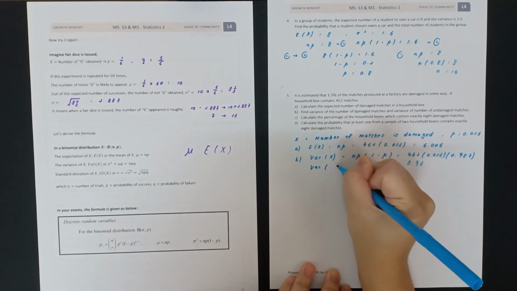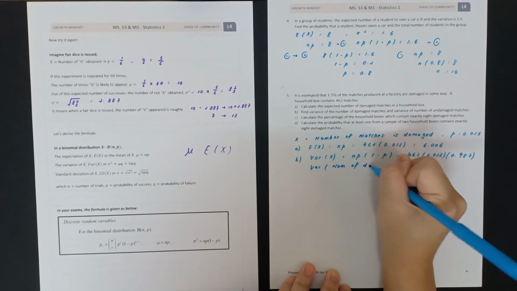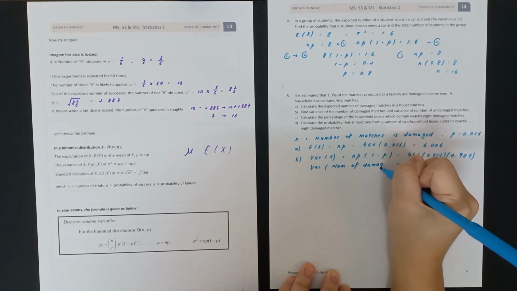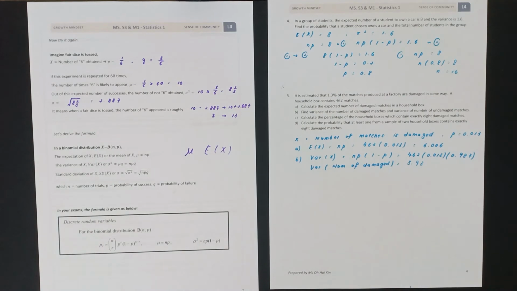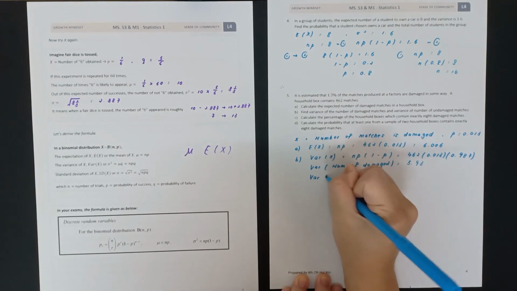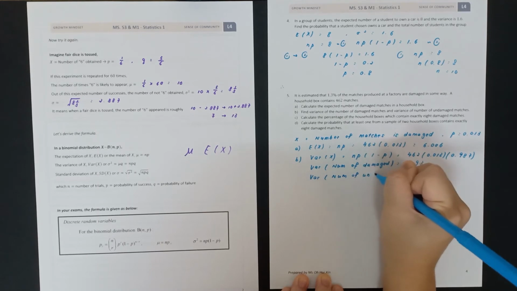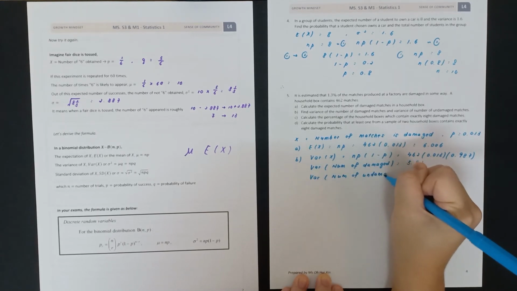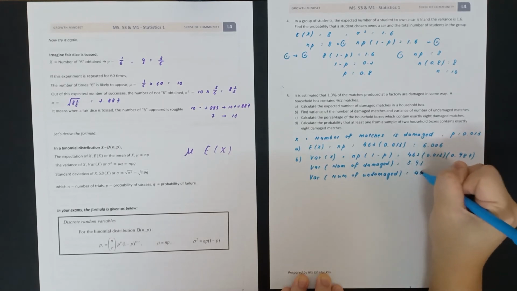So the variance for the number of damaged is basically 5.93. If you want to show it, you do not want to straight away write your answer, then you just change it in your question. So variance for number of undamaged is basically equal to the same thing.